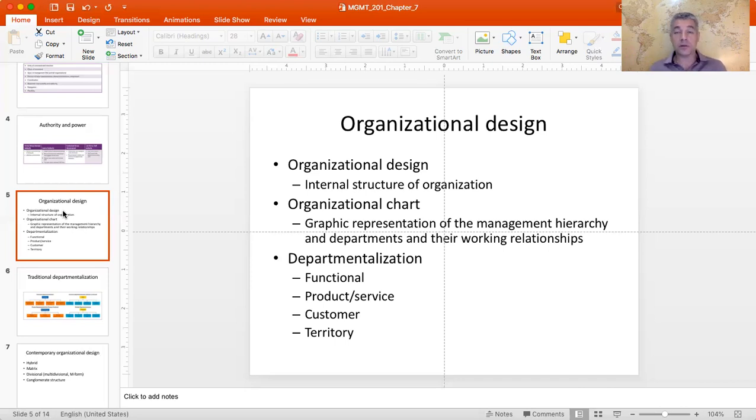In the international context, you may talk about North America, you may talk about Asia, Australia, Europe, again Africa and Middle East. So, depending on how diversified you are globally, it could make a lot of sense to structure your departments, your divisions along these lines.